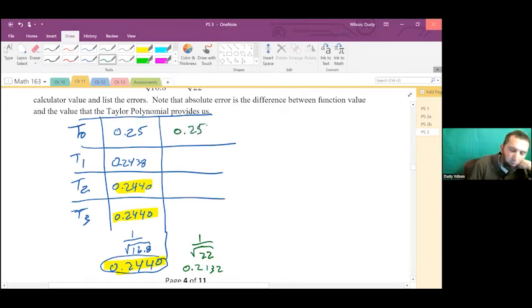And then T1 would be 0.2031. And then T2 would be 0.2163. And T3 would be 0.2122.